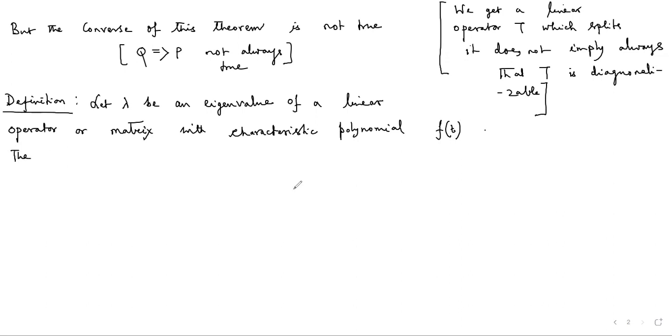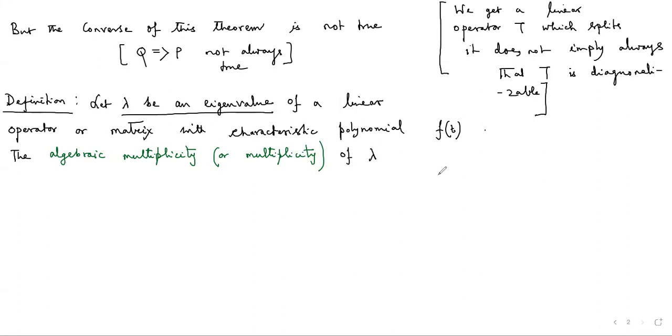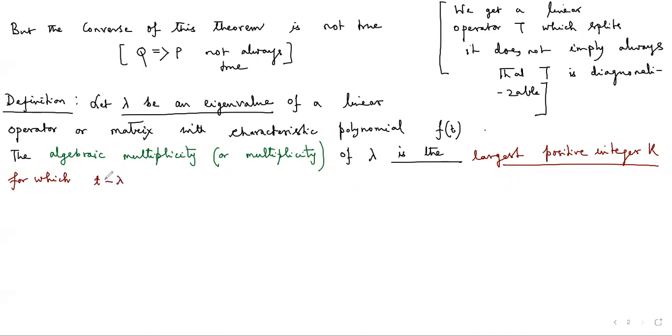Then the algebraic multiplicity, or simply multiplicity, of lambda the eigenvalue, remember, is the largest positive integer k for which (t minus lambda) to the power k is a factor of f(t).